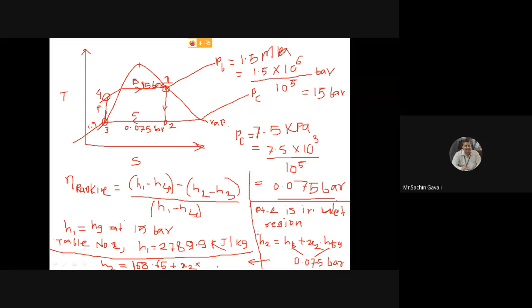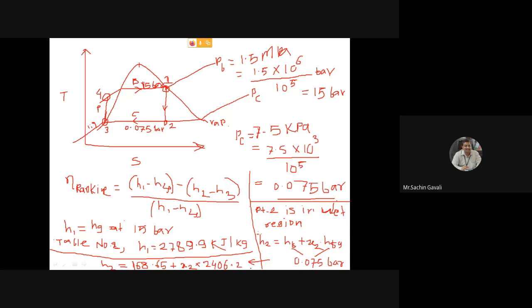Hfg value at which pressure again? 0.075 bar. Hfg, who will tell? 2406.2.